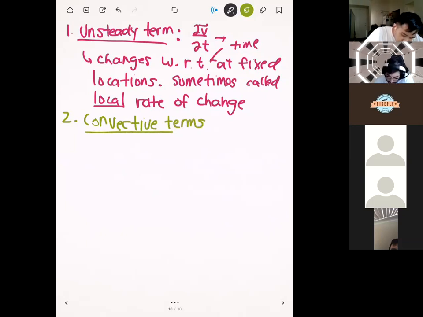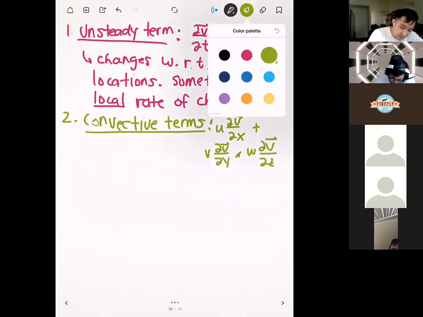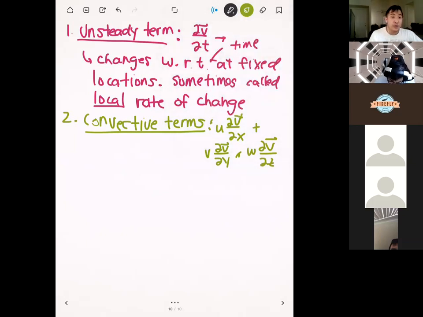And so the convective terms are u partial v partial x plus v partial v partial y plus w partial v partial z. And so these are going to match up with the changes with respect to space that we talked about in our garden hose.